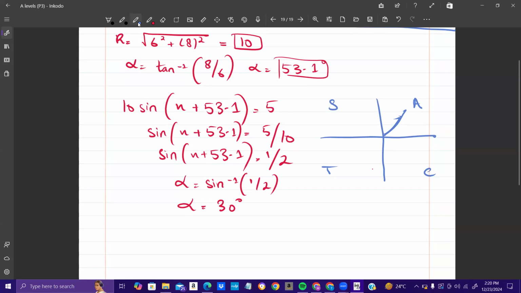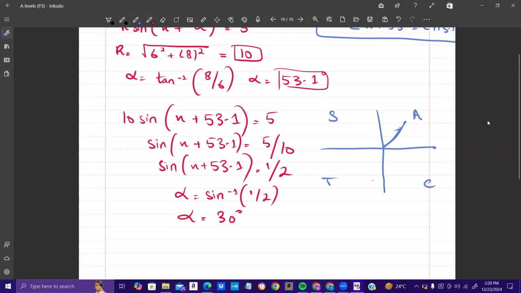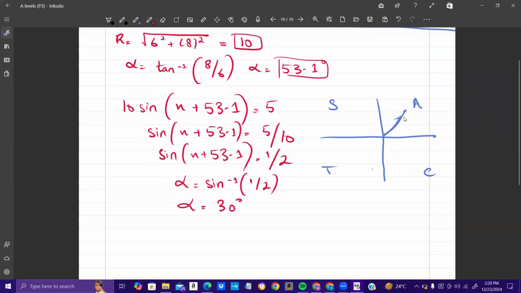My screen got hanged. And yes, so yeah. Where were we? Yeah, we were discussing that.